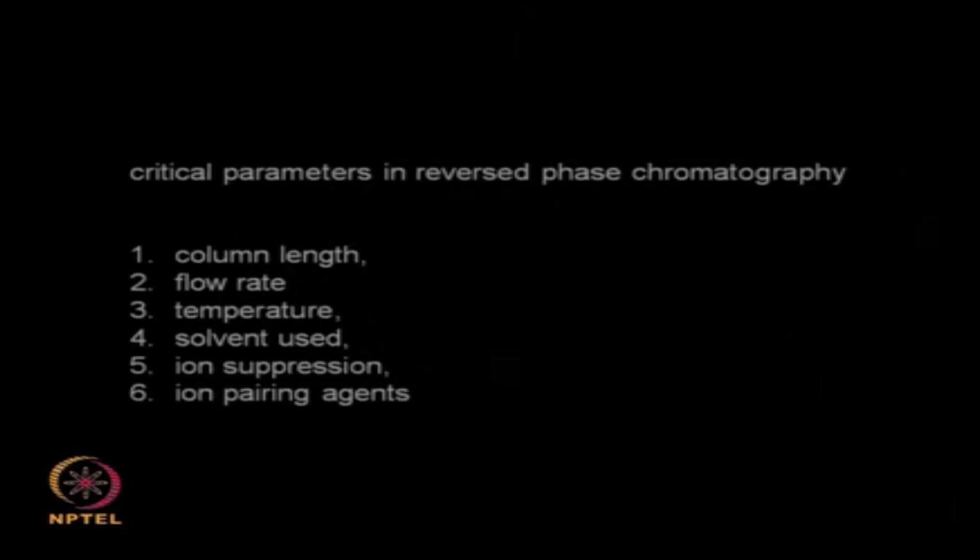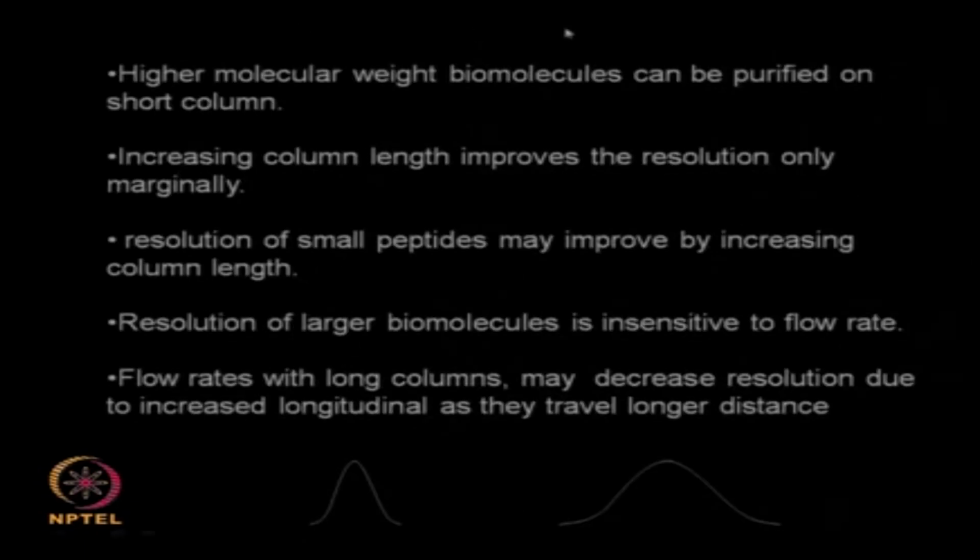So all these parameters can help us to manipulate the efficiency or the selectivity of the reverse phase chromatography. Higher molecular weight biomolecules can be purified on short columns. Increasing column length improves the resolution only marginally, whereas if you have small peptides, increasing column length improves the resolution. Resolution of large biomolecules is insensitive to flow rate, and flow rates with long columns may decrease resolution due to increased longitudinal distance. They have to travel a longer distance in a long column, so the resolution gets decreased.